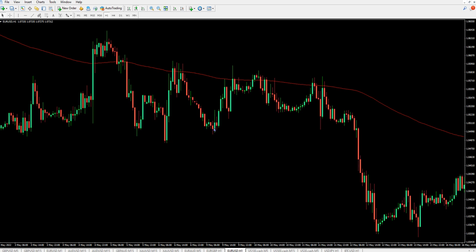Now, one thing to note, though, is if you take all of this range here, look at how much is below the moving average, right? The vast majority of price action is still taking place below the moving average.